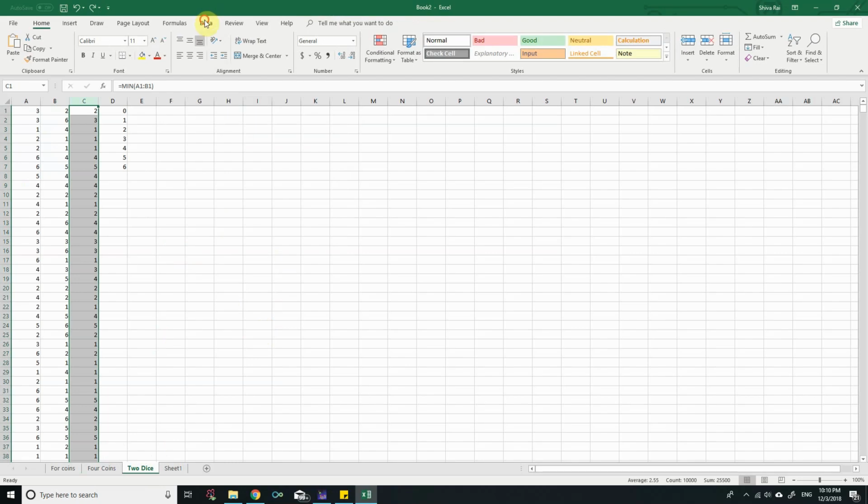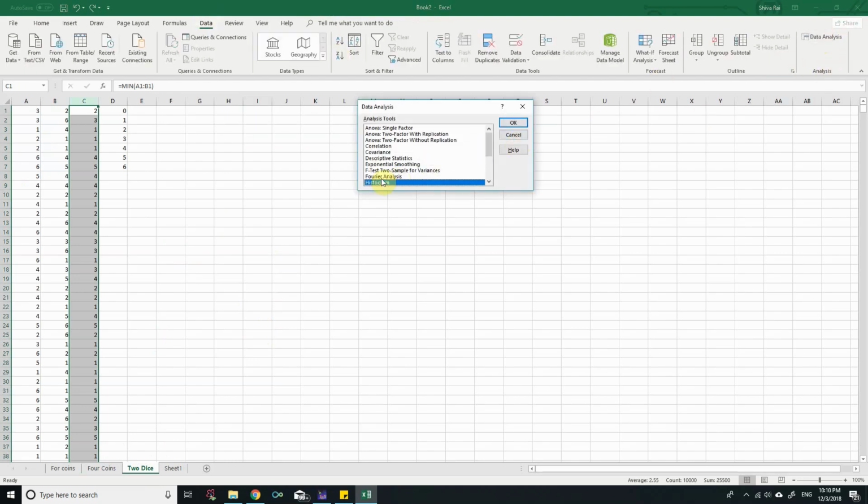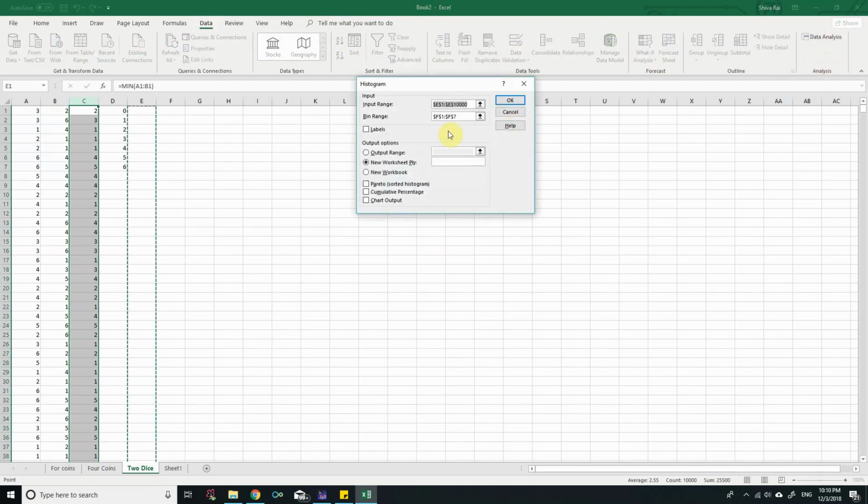Let's go for data analysis, histogram, click on OK. Here the minimum is in column C, so let us replace E with C, and that's C10,000, and the bin range is D1 up to D7.